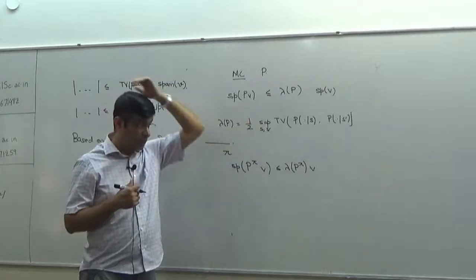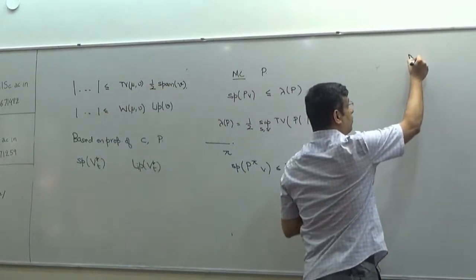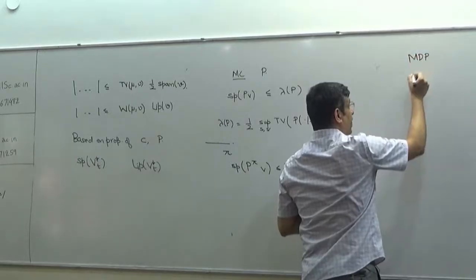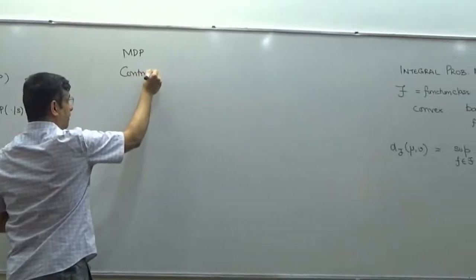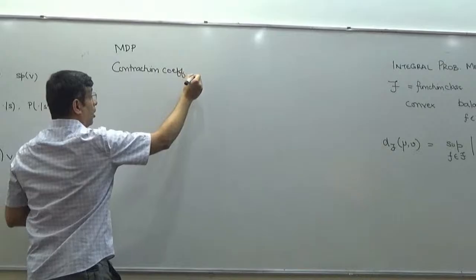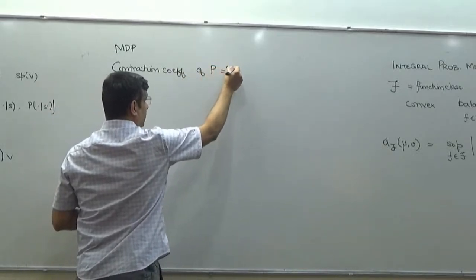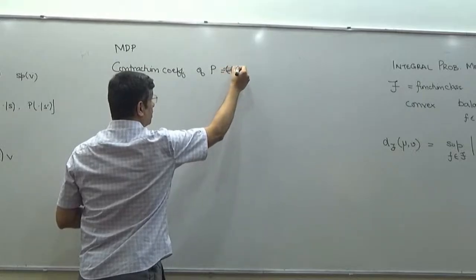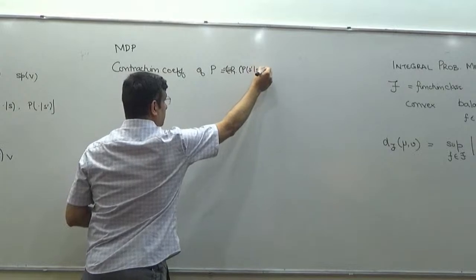Okay. So, I am going to define the following. Given an MDP, I am going to define something which is known as the contraction coefficient of the transition P. Recall this is P of S prime given S and A. Okay.